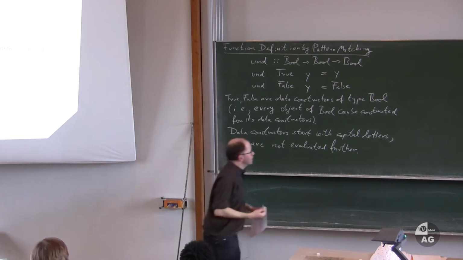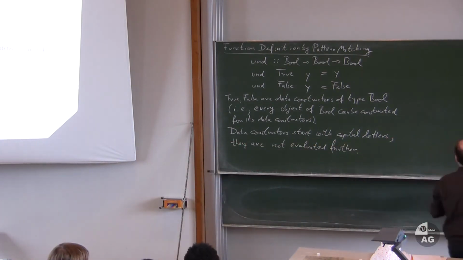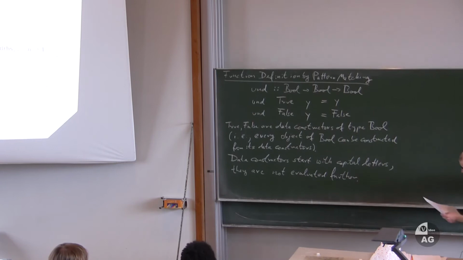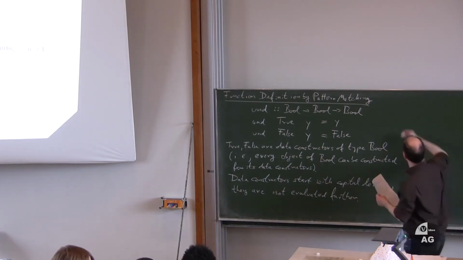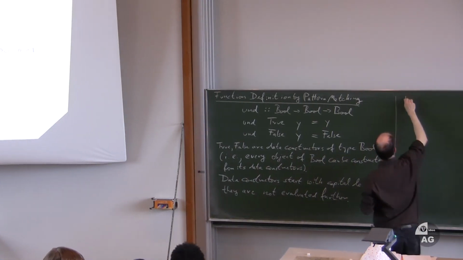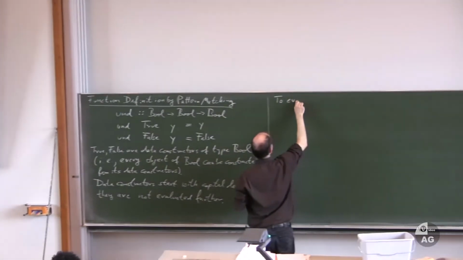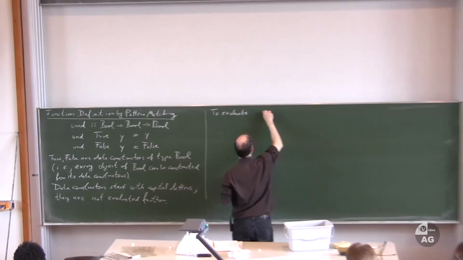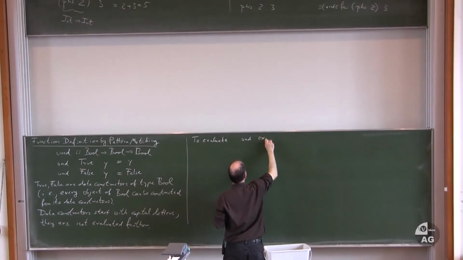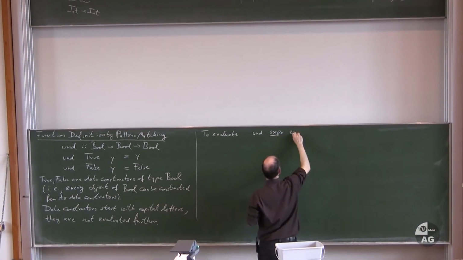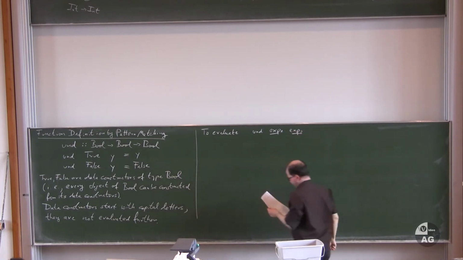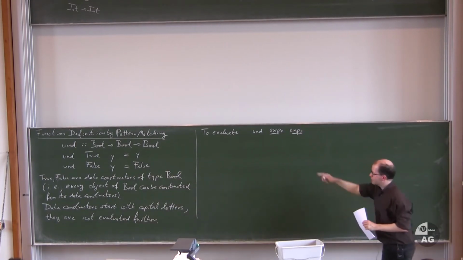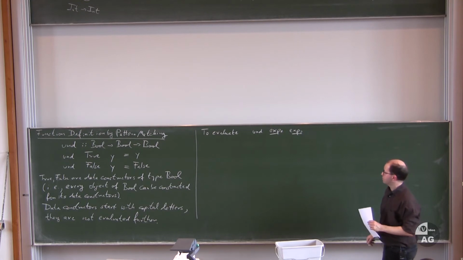So how does evaluation work now, since we have several defining equations for the same function symbol? If we have an expression like this, where we have und and then exp1, exp2, Haskell checks these defining equations from top to bottom.